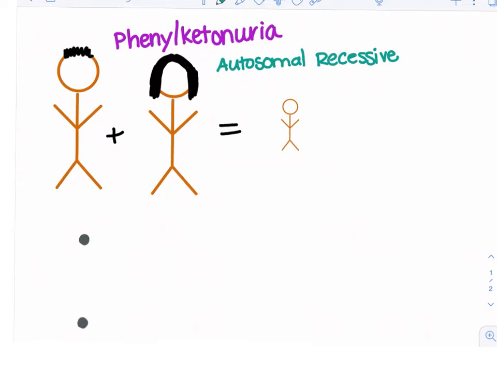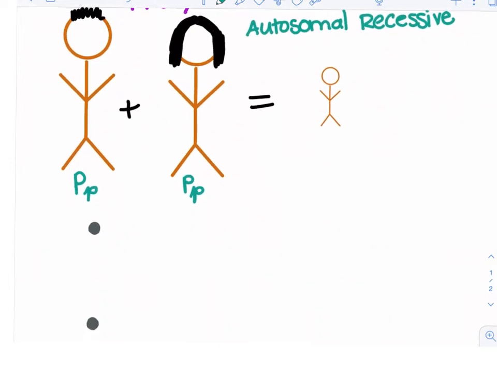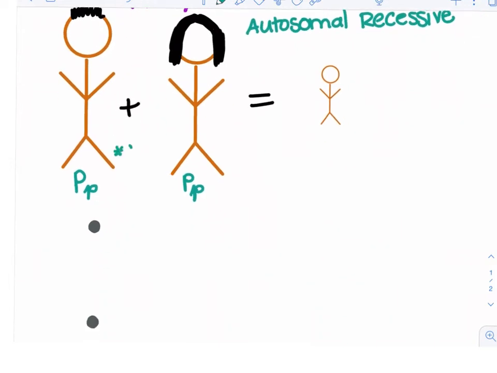And recessive means you need two of those alleles in order for you to have this disease. So if our two parents are carriers, so we'll do capital P, lowercase p, capital P, lowercase p. This means they carry the gene for that disease, but they don't have it themselves. Carriers.